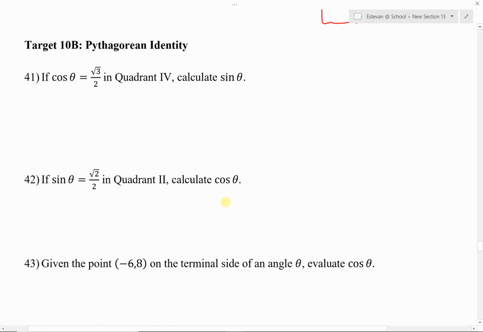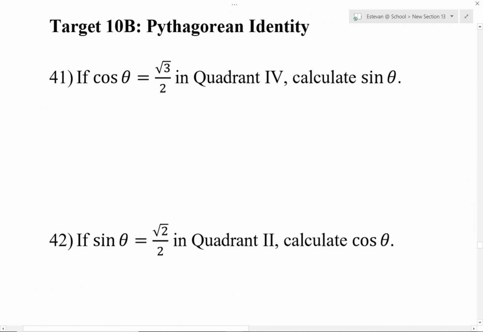Alright, 41. If cosine of theta is equal to square root of 3 over 2 in quadrant 4, calculate sine. So for this one, I like doing the triangle here. Quadrant 4, so it's a right triangle in quadrant 4. So this is theta. We do know the radius is 2.